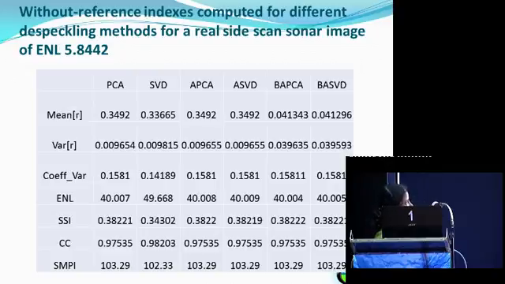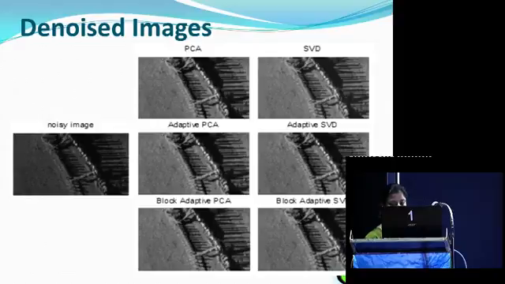Then the next two columns are patches, and the next two columns are where it is applied to blocks. The analysis says that SVD gives me the maximum number of looks compared to the other methods. So these are the images.